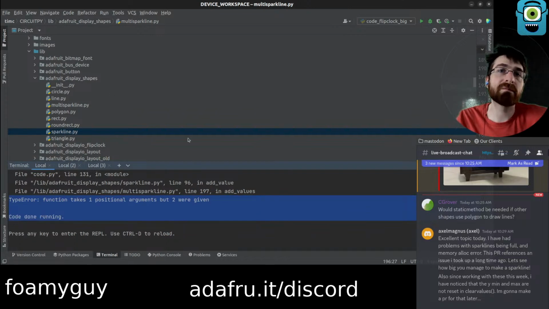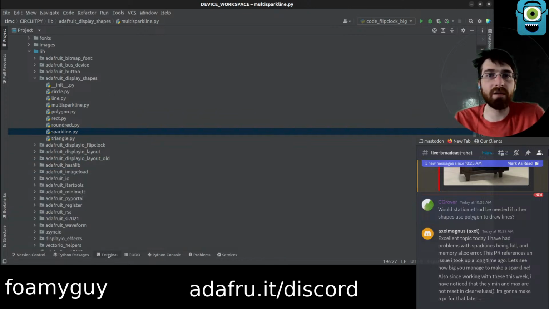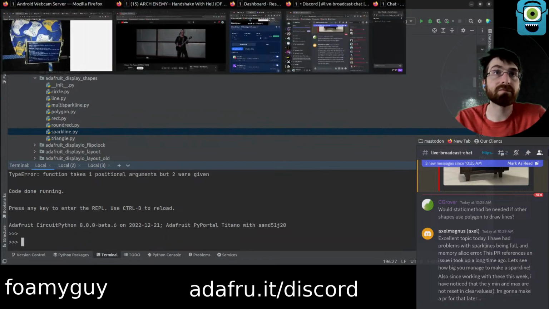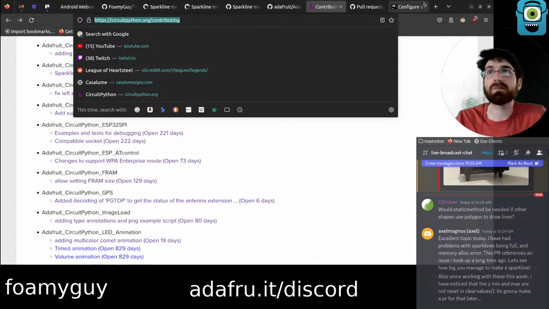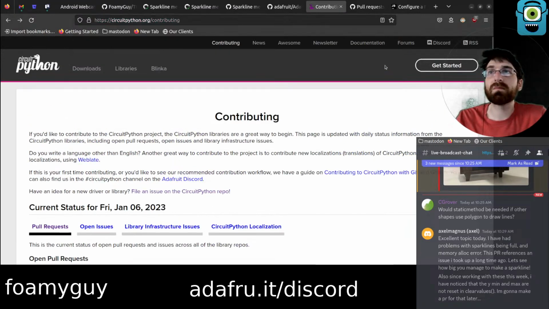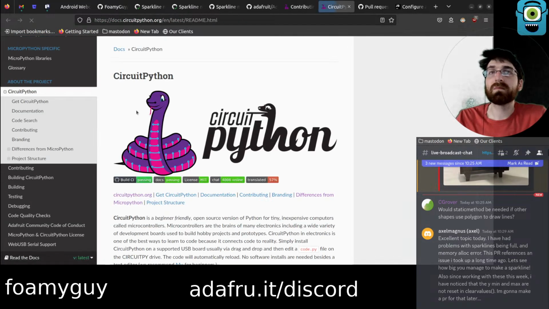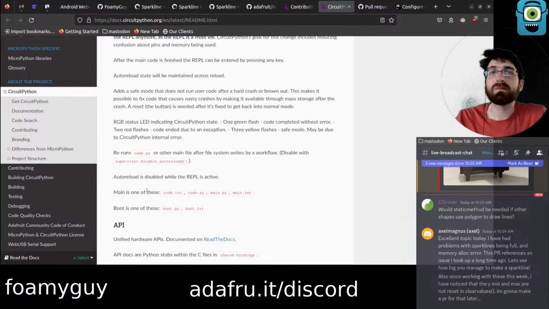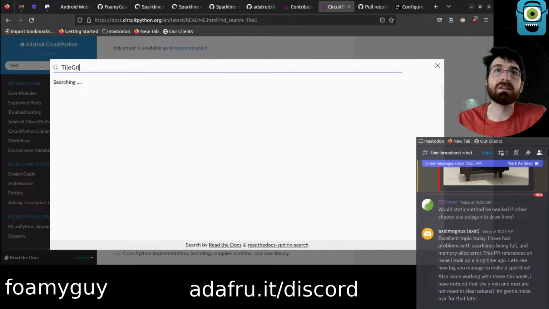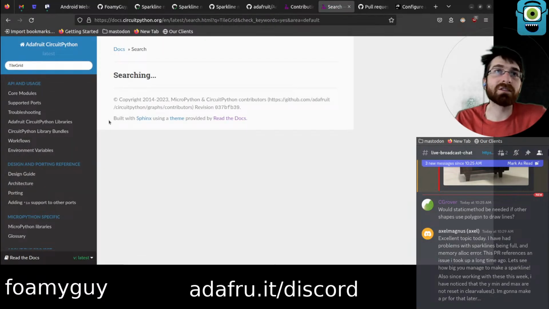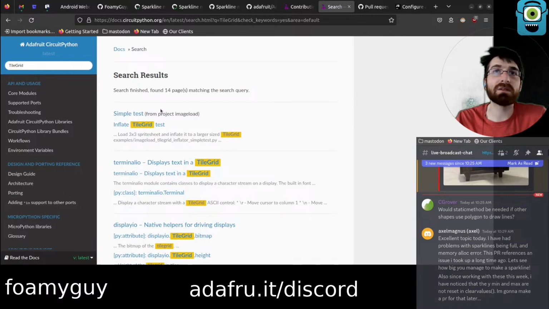But I am very confused about where that update would come from. I'm about to just scroll through the entire list here and find tile grid. I need to find that index page and bookmark it.